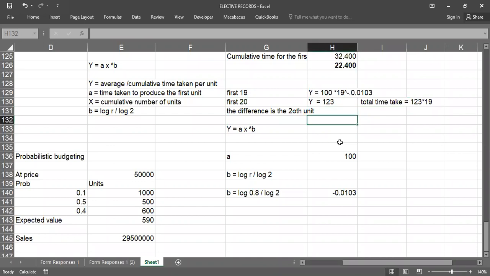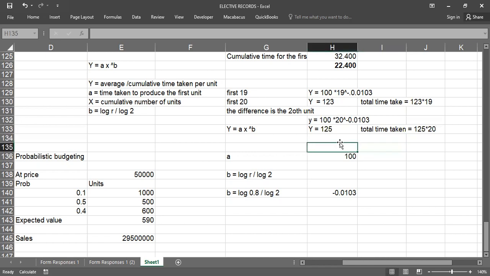You say y is equal to 100 times 20 raised to the power negative 0.013, and y will give you maybe 125. Now if you want total time, or cumulative time taken, it will automatically be equal to the 125 times the 20.